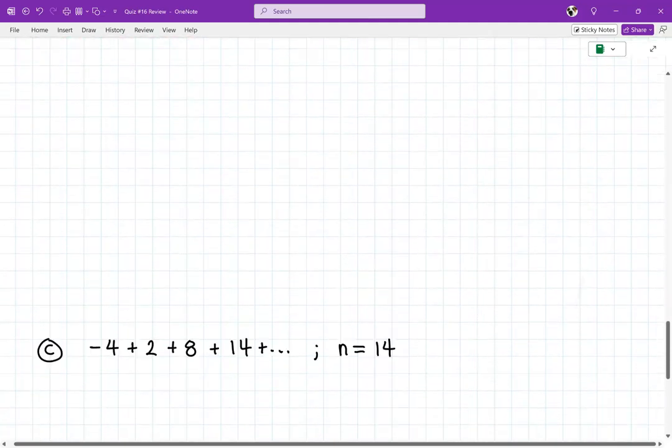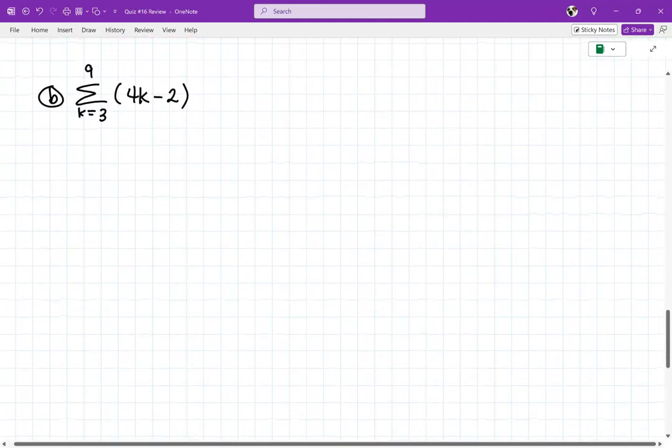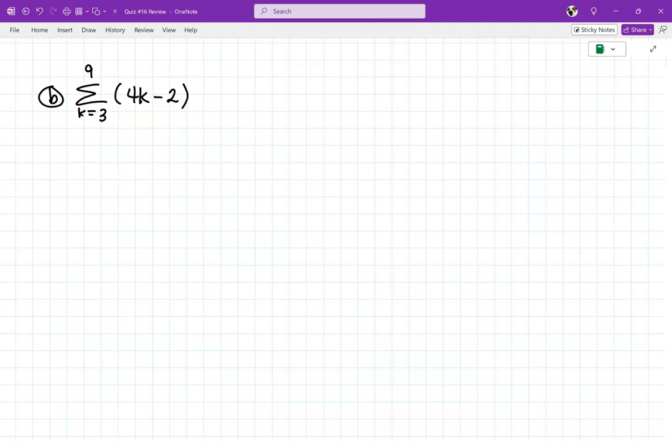We're going to do one more of these, and then we're going to do one of these, and then we're done, okay? So this is the same. You might say, why are we doing another one? Well, remember what I told you guys, that there was a little shortcut to find your n value. If your lower bound was a 1, in other words if this said k equals 1 on the bottom, then n would be 9. I don't even have to calculate it.